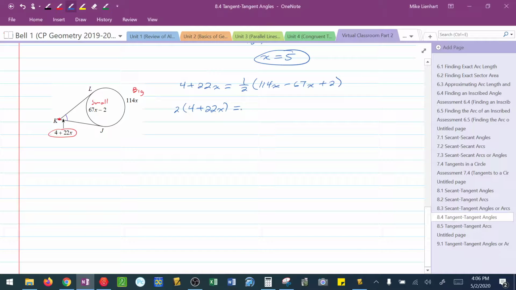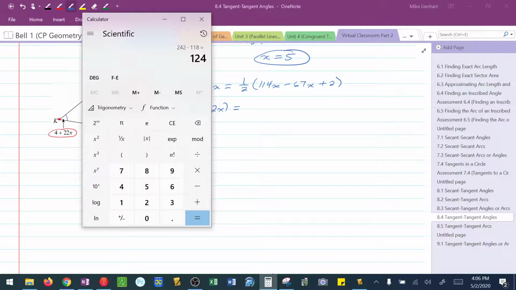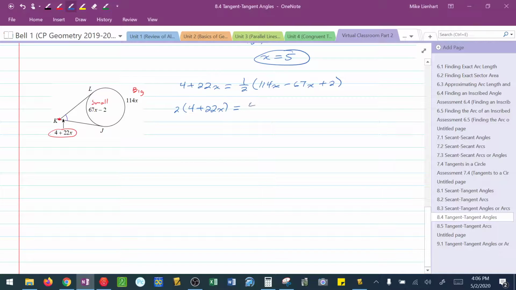Now on the right side, I have 114x minus 67x, which will give me 47x plus 2. I'm going to distribute. I have 8 plus 44x is equal to 47x plus 2. I'm going to subtract 44x, so 8 equals 3x plus 2. Subtract 2, 6 is equal to 3x, or I get x is equal to 2.